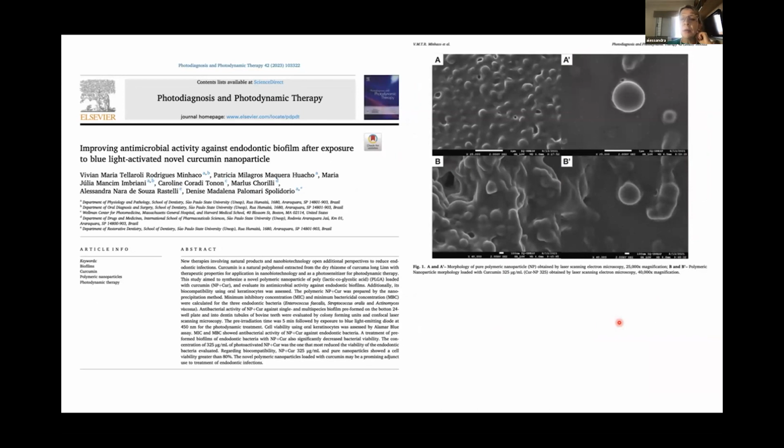So we have worked in dentistry over different kinds of biofilms, biofilms related to the dental caries, endodontic infection, periodontal disease.